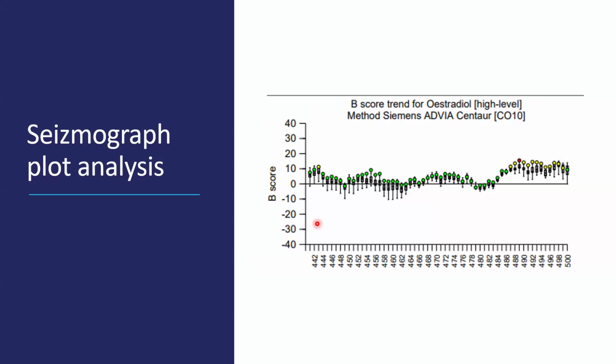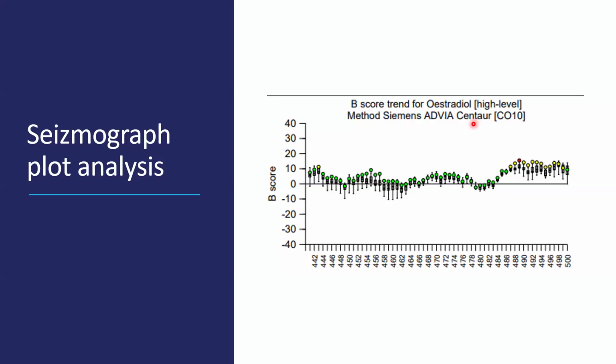So it shows a B score trend over a period of 5 years here. It includes the data which are specifically related to the method that our lab is registered for, or any lab is registered for. In this particular case the analyte is estradiol, and the method is Siemens Advia Centaur.